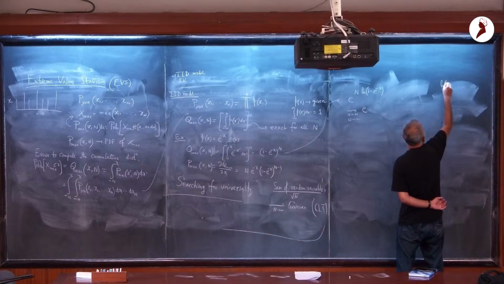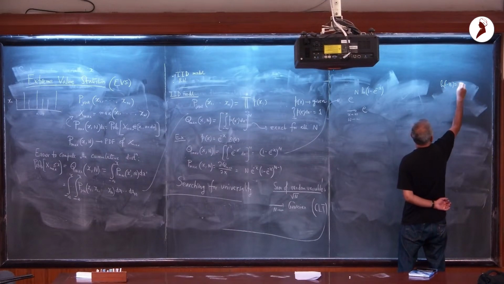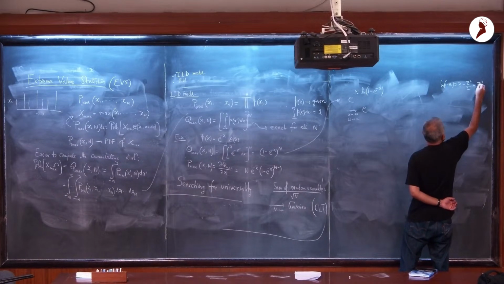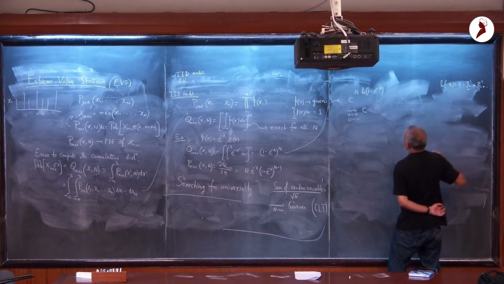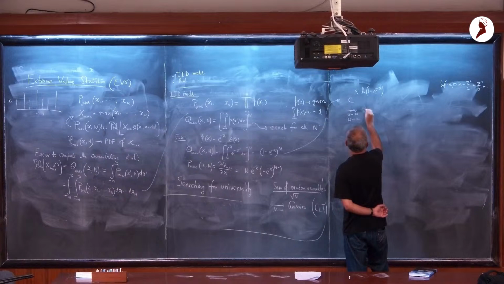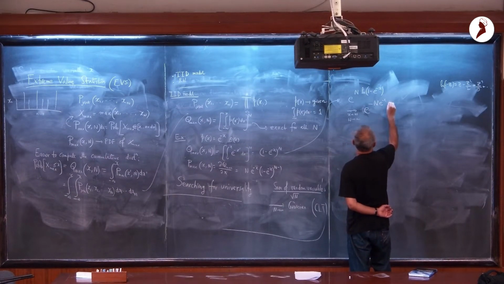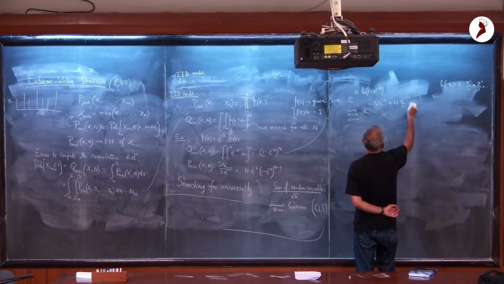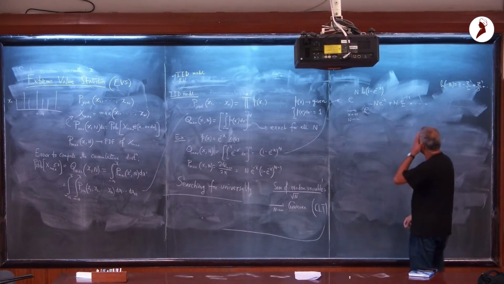Log of 1 minus z is minus z minus z squared by 2 minus z cubed by 3, etc. Therefore, this becomes minus n e to the power minus x minus n e to the power minus 2x by 2 and so on.